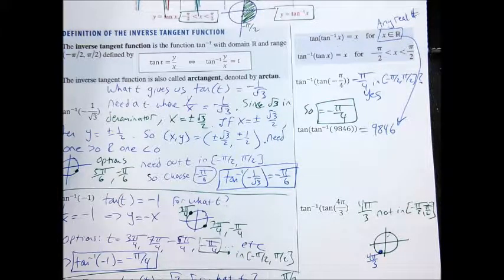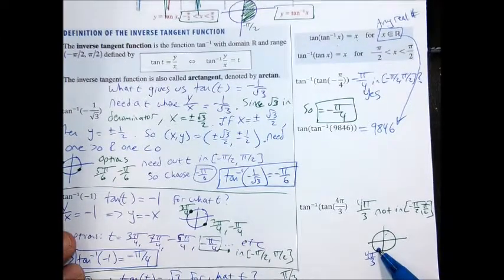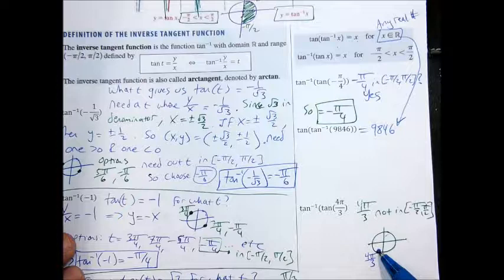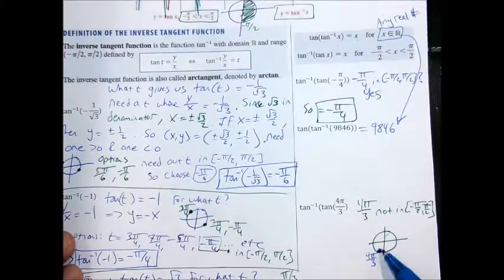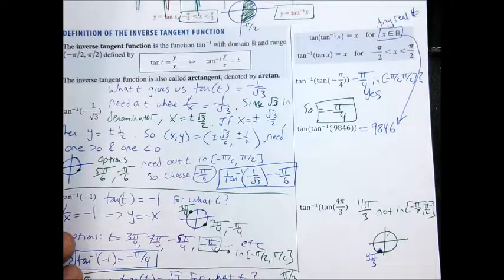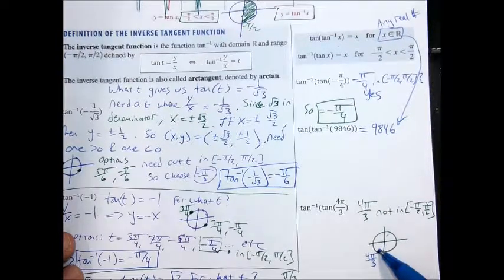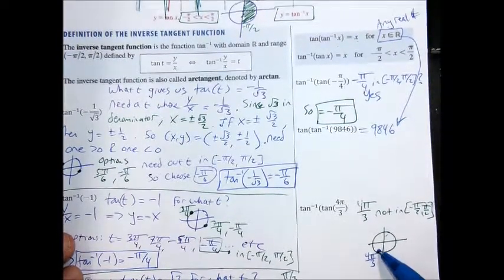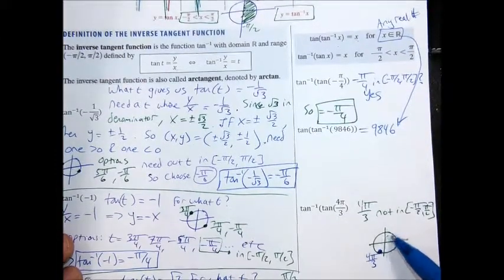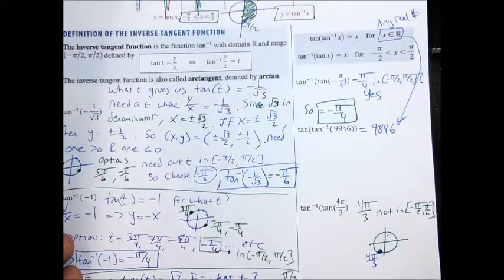And tangent divides the x and the y value, right? And so this spot right here has a negative x and a negative y. And so we want some value that when we divide the x and the y is going to be positive. I think I used the word coterminal before, I didn't mean that. I'm talking about what is something that will give us the same value as 4 pi over 3, but that's on the right-hand half of the unit circle.